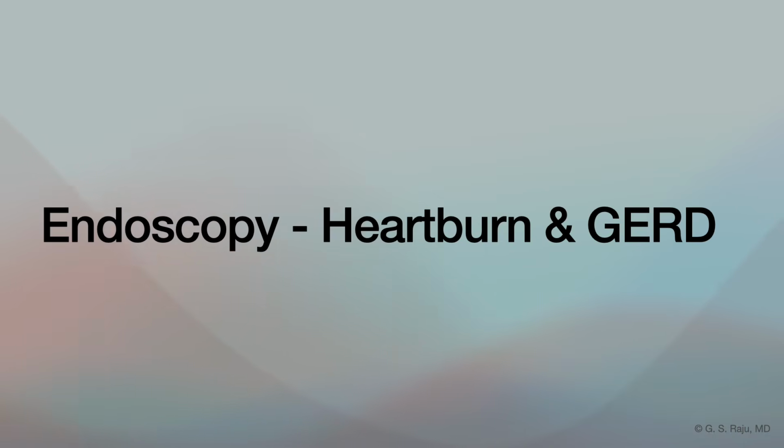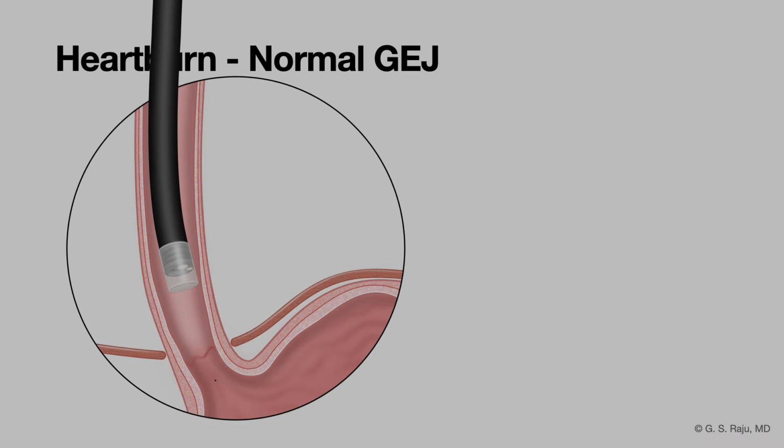So now, when you have a patient with heartburn and gastroesophageal reflux disease or GERD, you need to understand certain structures when you perform endoscopy. The first structure as you go down the esophagus into the stomach is we identify the gastroesophageal junction.